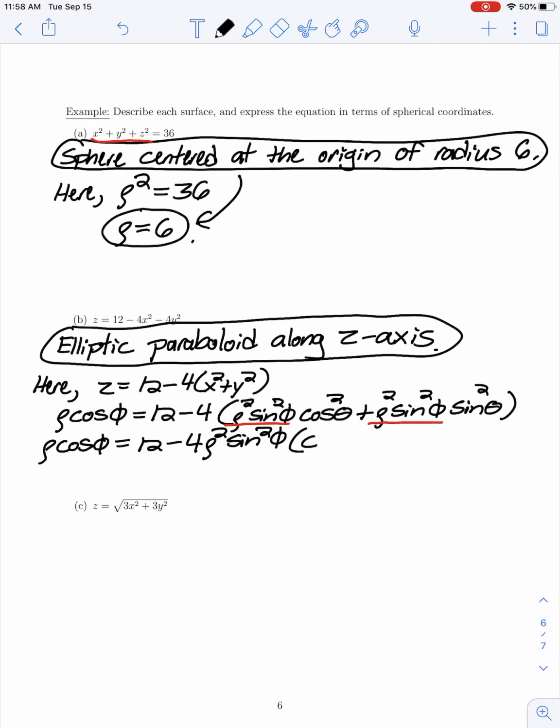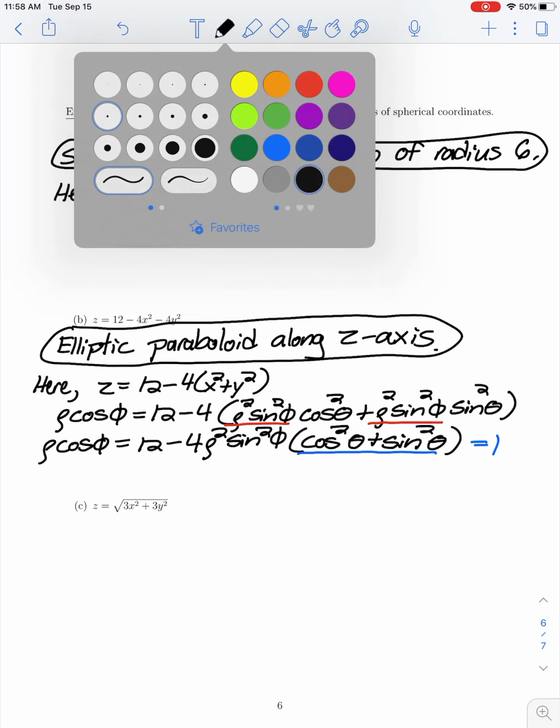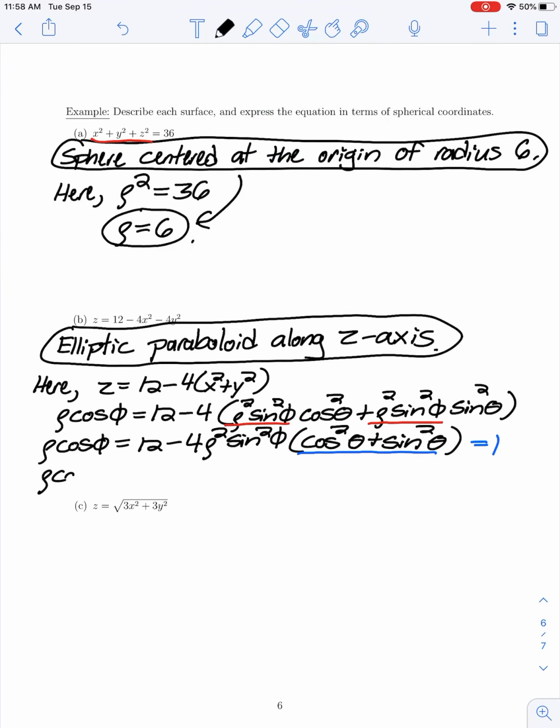And we are then left with the sum of cosine squared theta and sine squared theta, but the sum of sine and cosine squared of the same angle is 1. So what we have is rho cosine phi is equal to 12 minus 4 rho squared sine squared phi.